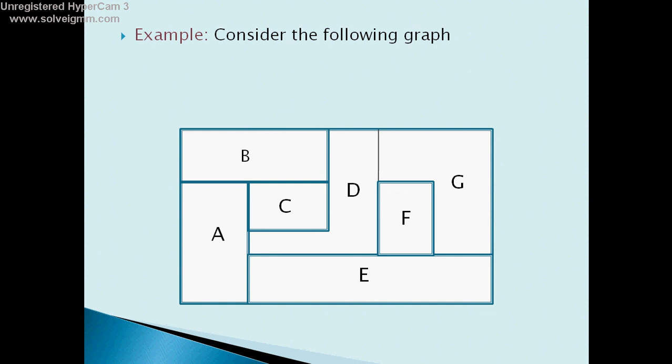For example, consider the following graph. Here A is connected to B, C, D and E, or we can say A is adjacent to B, or A shares boundary with B, C, D and E. So the problem is to color this graph such that no two adjacent regions share the same color.